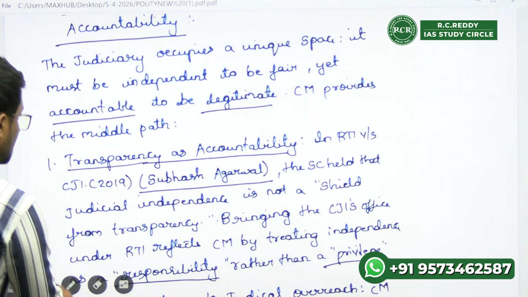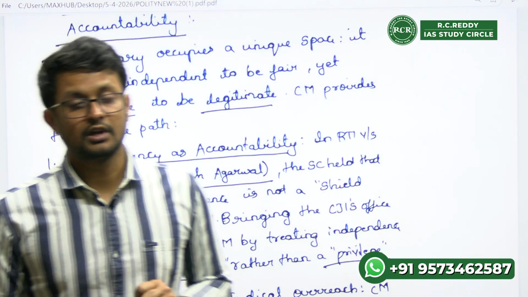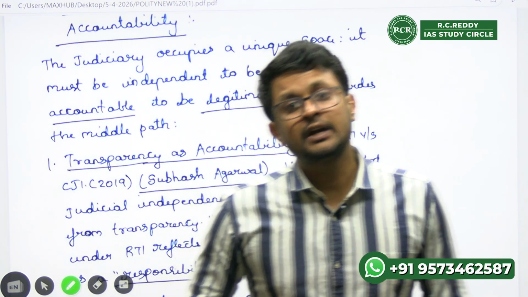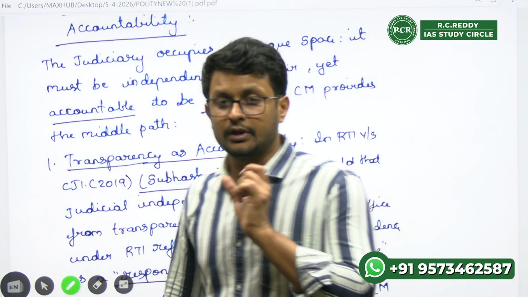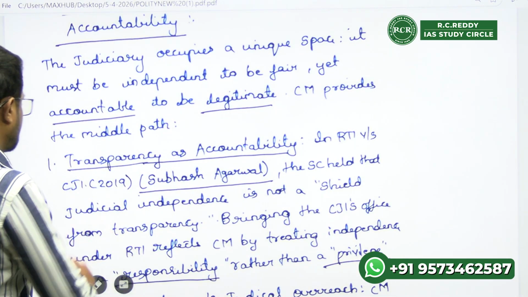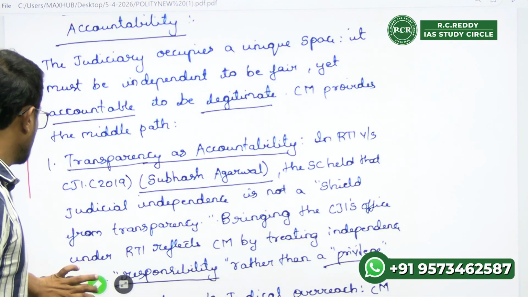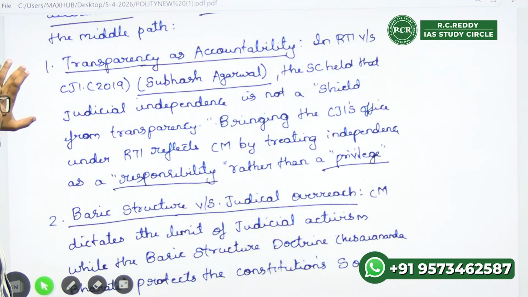As you all know, judicial independence forms the basic structure of the constitution. However, unbridled independence can lead to malice, and hence regular accountability of the judiciary is also important. For that, the first point is how transparency can lead to accountability in the judiciary.